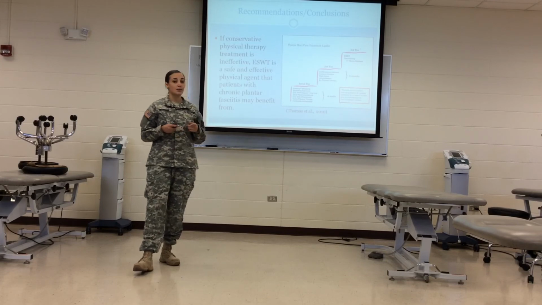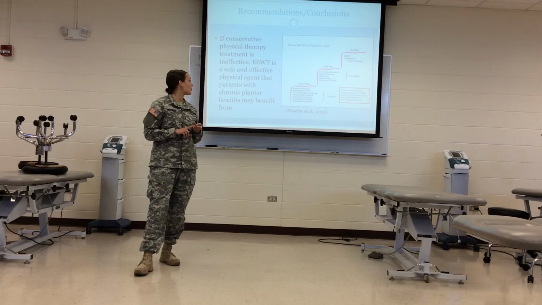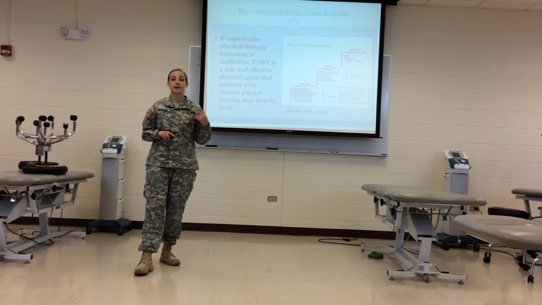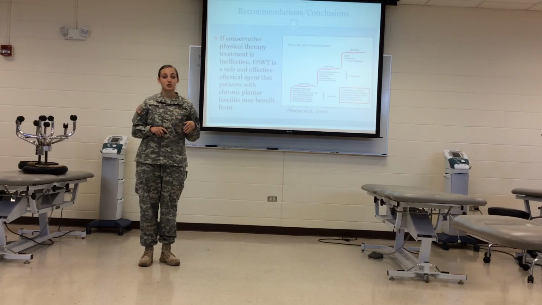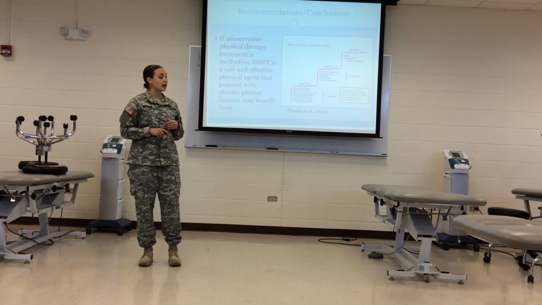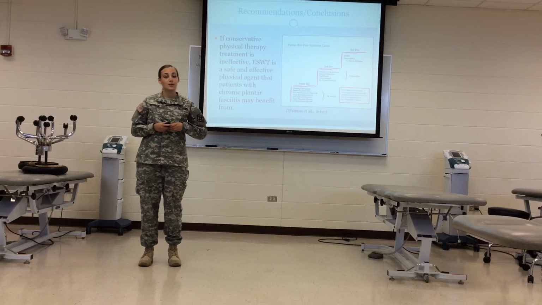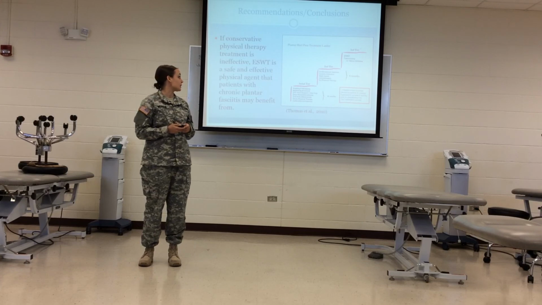Second tier, you keep custom orthotics on the table, corticosteroid injection, also night splints, and then coming into the clinic for physical therapy. And then the third tier, after that 6 months of conservative treatment, you opt for either extracorporeal shockwave therapy or surgery typically.